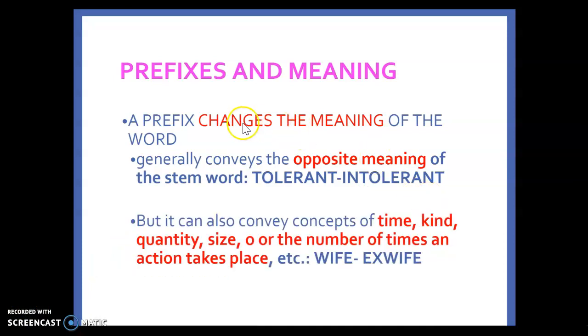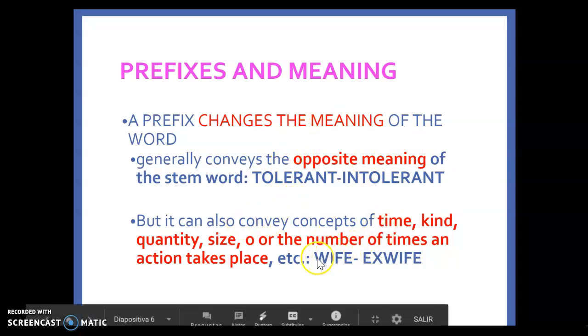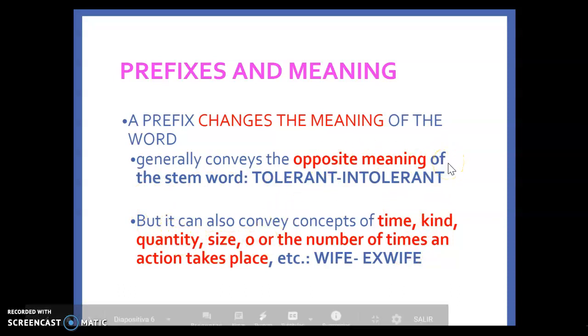But apart from changing the meaning and providing the opposite idea, they can also convey concepts of time, like for example the case of wife, ex-wife, kind, quantity, size, number of times, and actions taking place. There are several concepts that can be established by prefixes that you can read and analyze in the theory in this class.